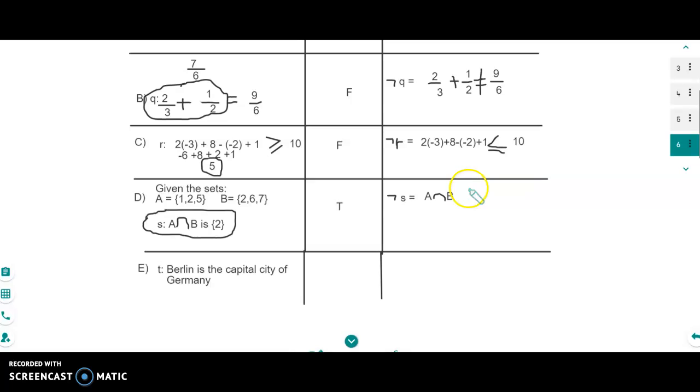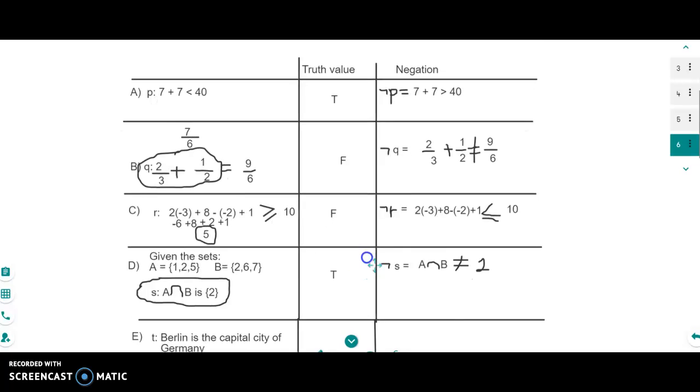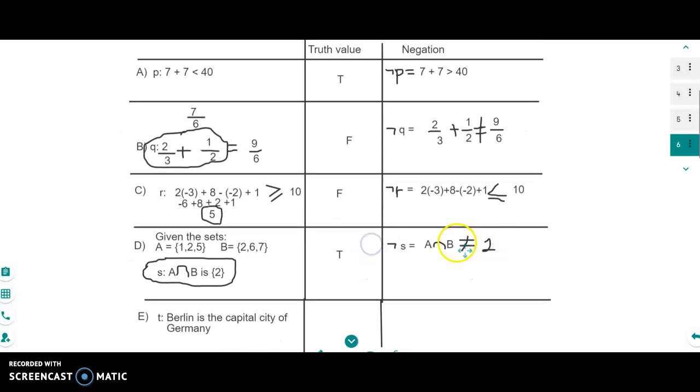This is the opposite. So is different than 2. All right, this is the negation. Okay, remember the negation is always the opposite. So will be different, will be is different. This is the opposite. All right, than 2.